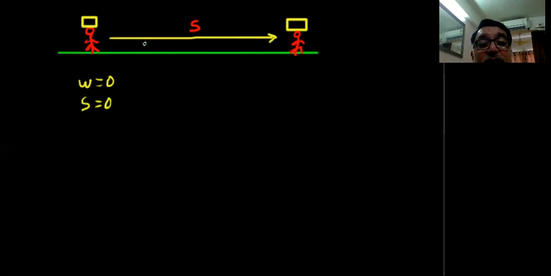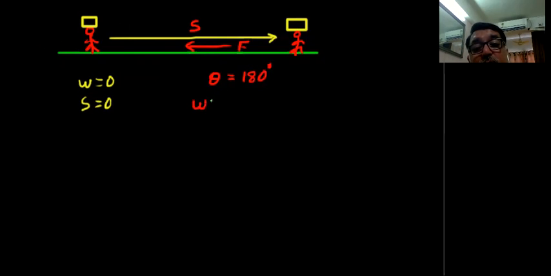Now, what is the direction of the force? Remember, the coolie is moving in this direction and friction is in the opposite direction, or the coolie is pushing the ground backwards. So the direction of the force is opposite. The coolie is pushing the ground backwards and the displacement of the bag is in the forward direction. So in that case, theta equals 180 degrees.